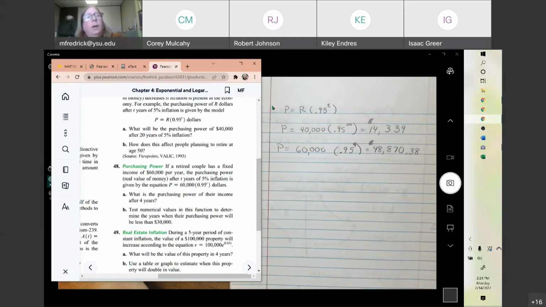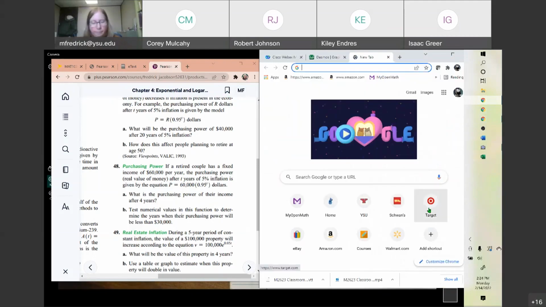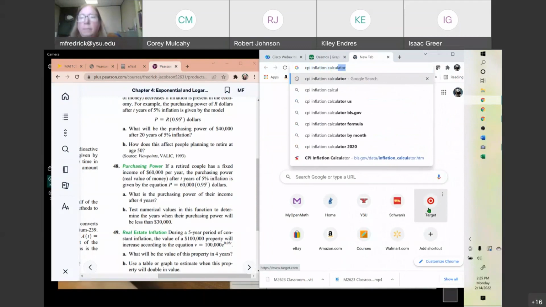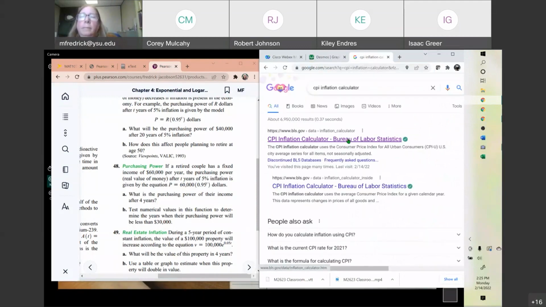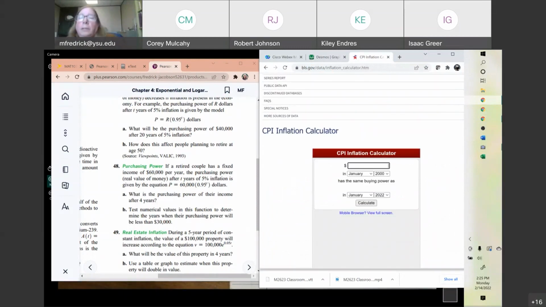Okay, this is used a lot. There's actually an inflation calculator. So this is an inflation calculator. Now, if you use $100, because this would be your value, now we want the value of $1.